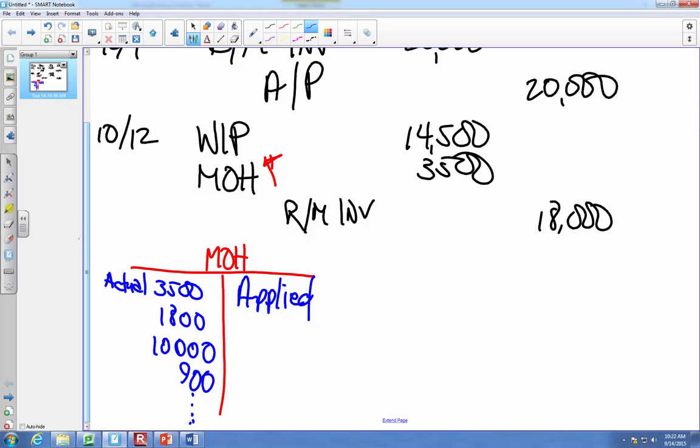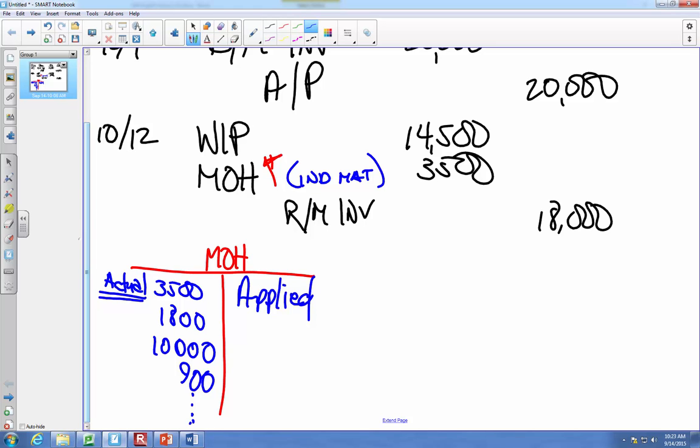Okay. So my point being on this guy, why did I debit manufacturing overhead for my indirect materials? Because what? Explain why. It's not traceable exactly, but the reason I debited overhead is it's an example of actual overhead.